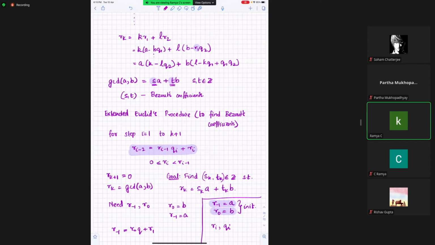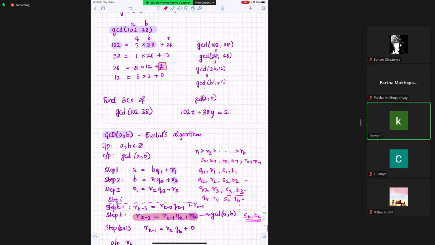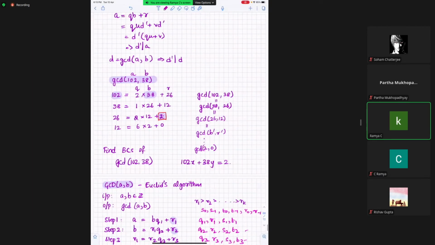Let's say there are 4 steps, as in this example. Then the remainder at the third step is the GCD, so if you keep track of S3, T3, those will be your Bezout coefficients.